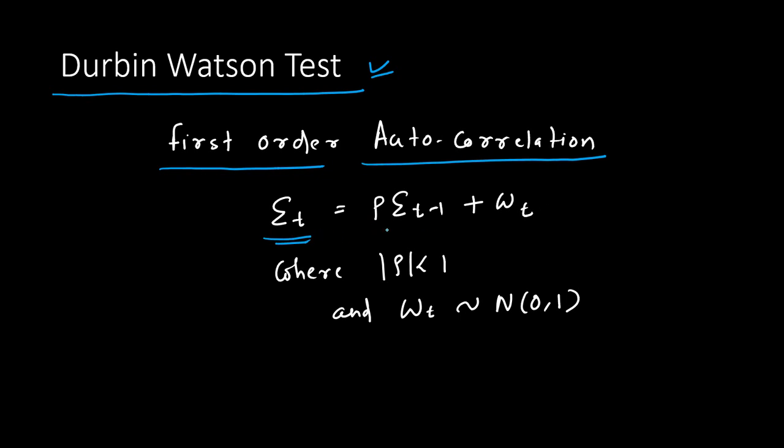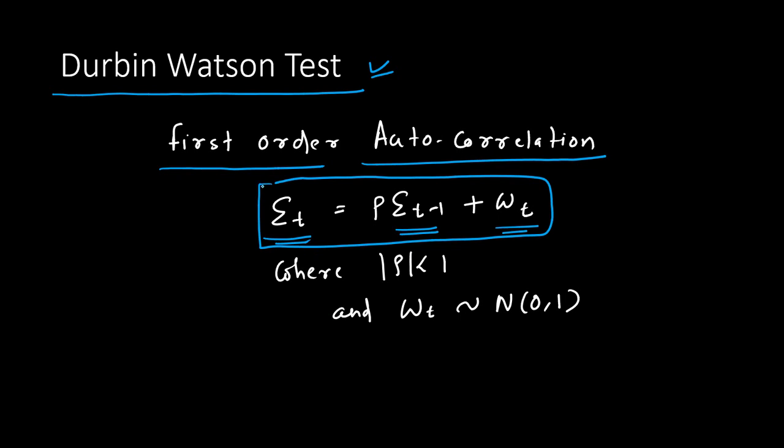So e_t is just a linear regression of e_t minus 1, and of course there is an error term. So the error term itself is a function of just its previous value, one lag of the error term.